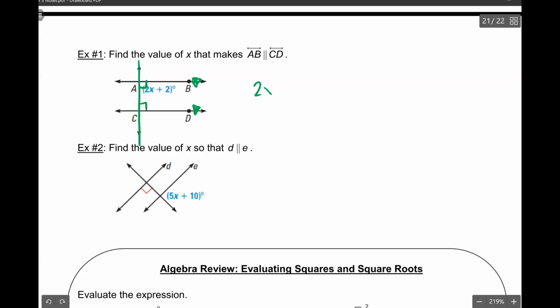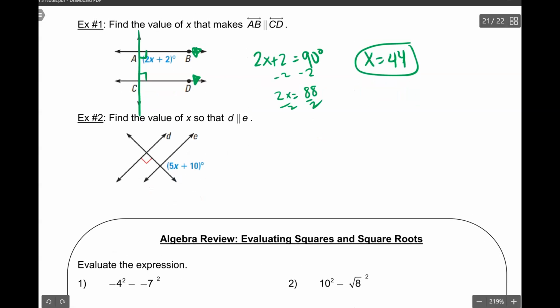So that would mean the angle 2x plus 2 must be 90, because if these two lines are both perpendicular, they meet the transversal at a 90-degree angle. If they're both perpendicular to that same line, then they will be parallel to each other. All right, divide by 2, and we get x is equal to 44. This value of x would make them parallel to each other.